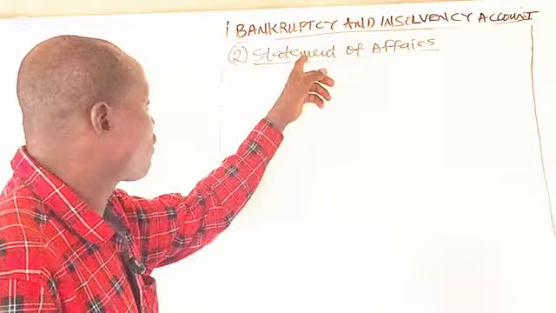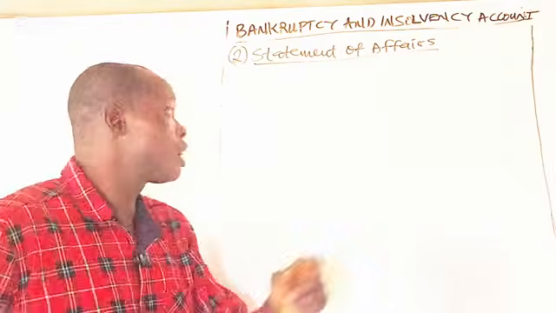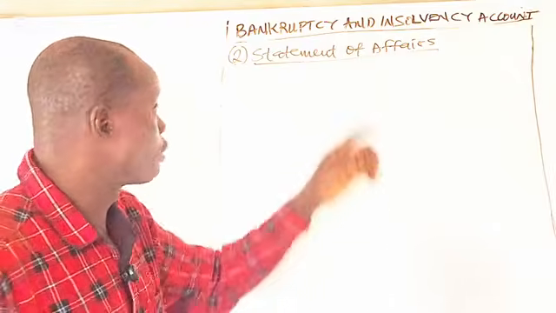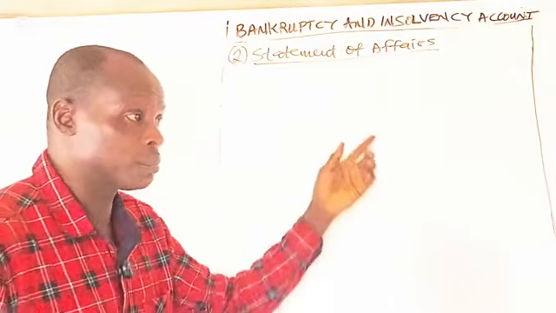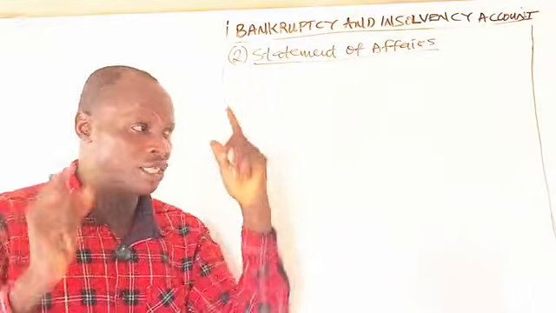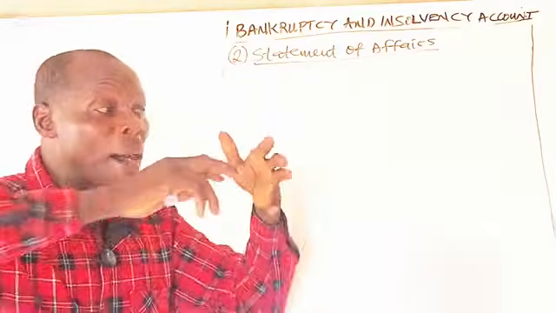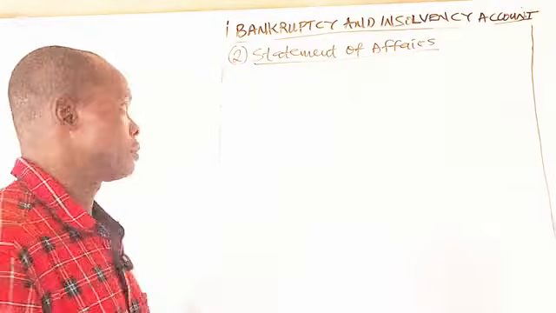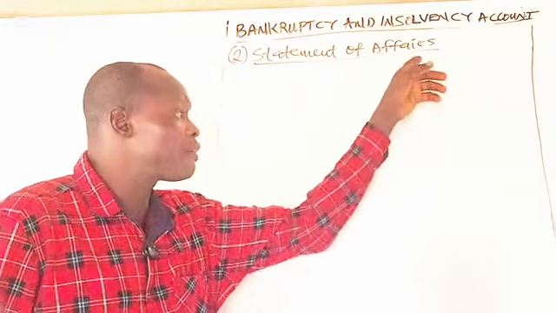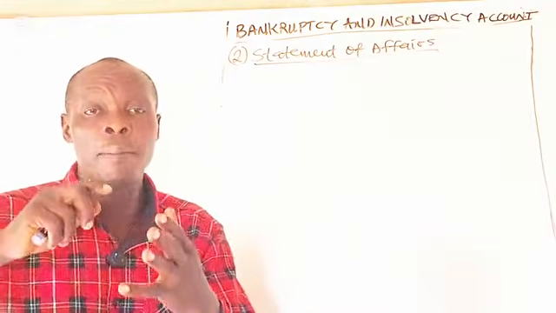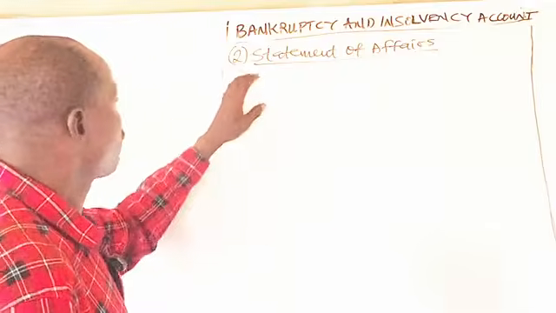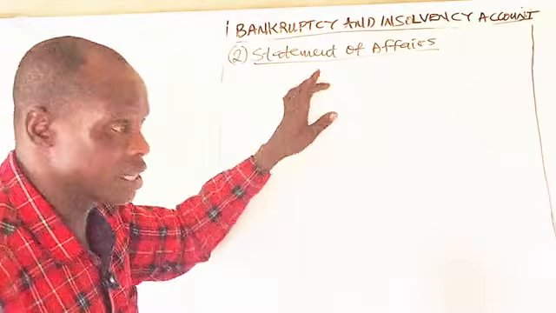That means the statement of affairs is the equivalent of a balance sheet, the statement of financial position. Always think of the statement of affairs as the final balance sheet of a failing business.